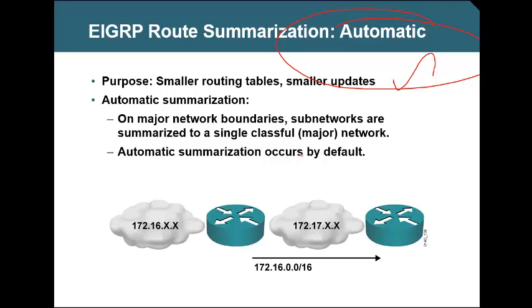The purpose of summarization is to get a small routing table and smaller updates. The smaller the routing table, the quicker and faster the switching of packets will be.